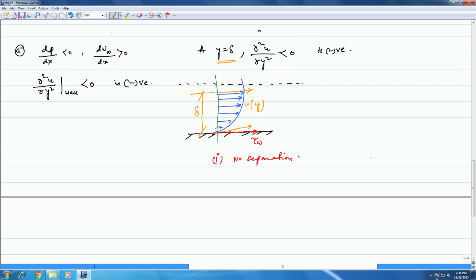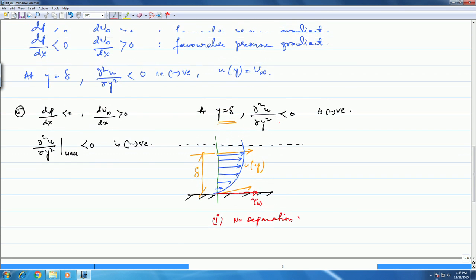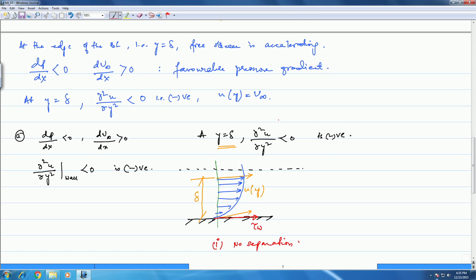∂²u/∂y², this value. So the ∂²u/∂y² at the wall, and at the edge of the boundary layer, that's how we define the shape of the velocity profile, how the profile of u should look.